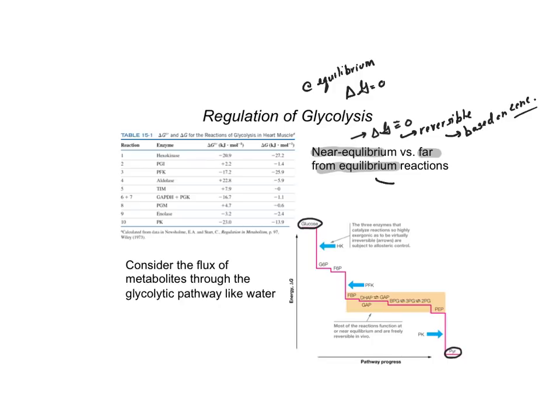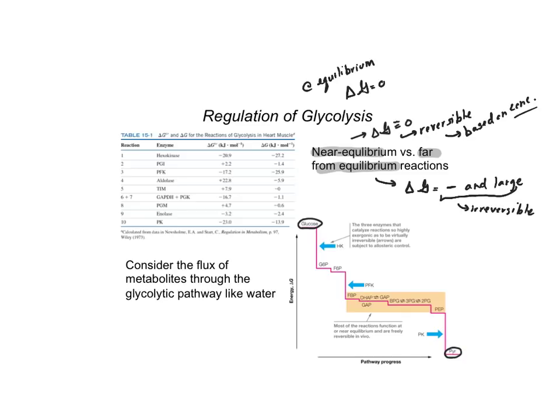There are also going to be reactions that are far from equilibrium. So far from equilibrium reactions are going to have delta G's that are negative and large, so very negative, large free energies. Now, what is that going to tell us about the reversibility of these reactions? If delta G is negative and large, that tells us that these reactions are essentially irreversible.